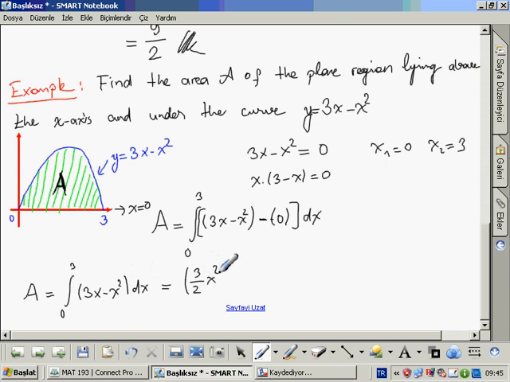After that, 3 over 2 x squared minus x cubed over 3, evaluated from 0 to 3. When you put these values in, the x squared will be 9, so 3 over 2 times 9, minus 27 over 3, and the other value is 0 because it will be 0 minus 0.